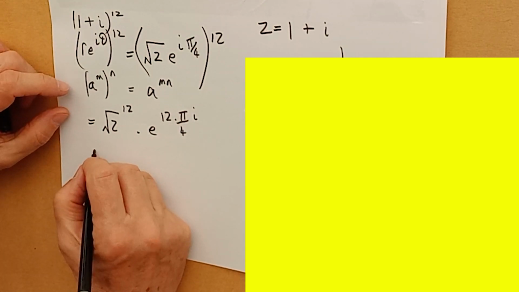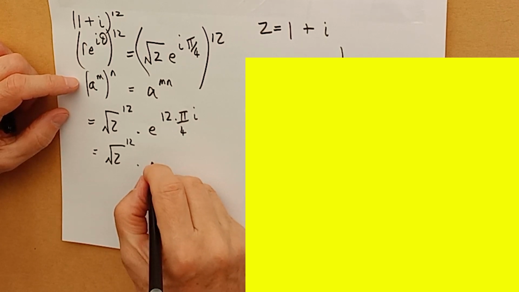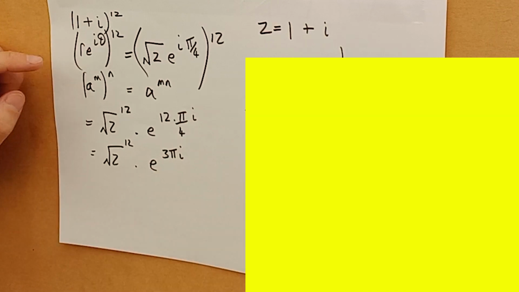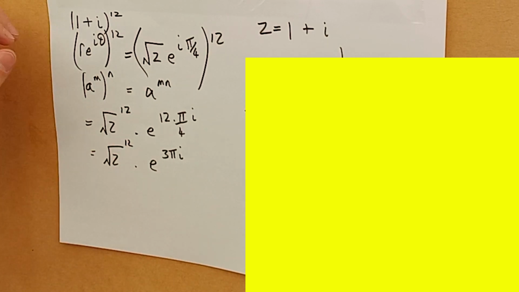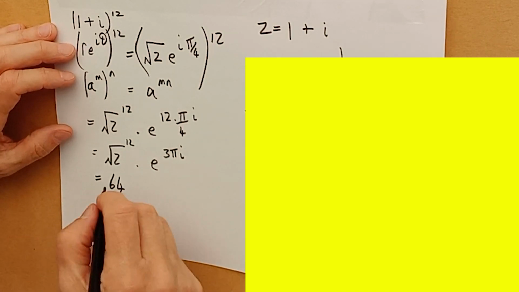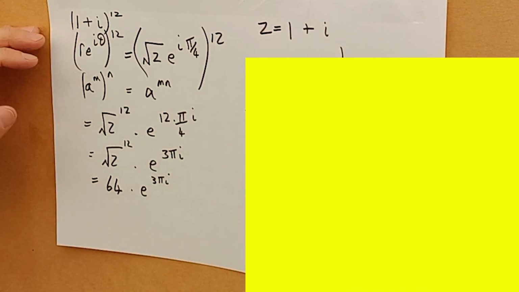I just swapped those over. 12 pi over 4 is the same as 3 pi. So we've got root 2 to the power of 12 multiplied by e to the 3 pi i. Okay, so far, root 2 to the power of 12 is 64 times e to the 3 pi i.